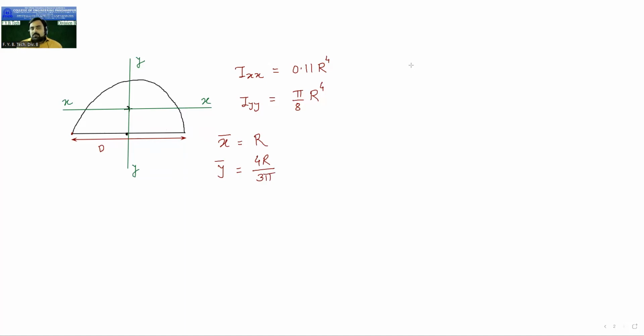The next type of semicircle, if I draw the semicircle like this now, with vertical base. Now this is also a semicircle. And now here somewhere the centroid of the semicircle is situated.